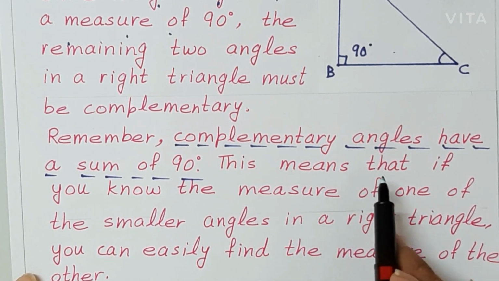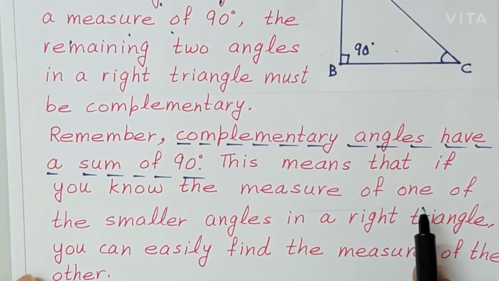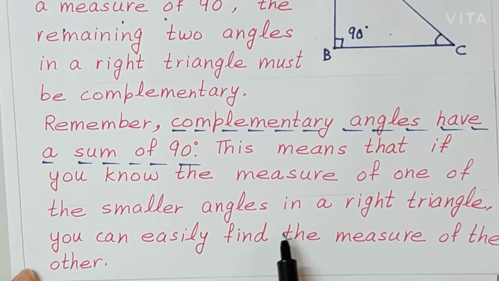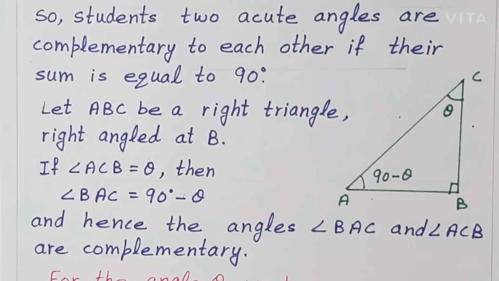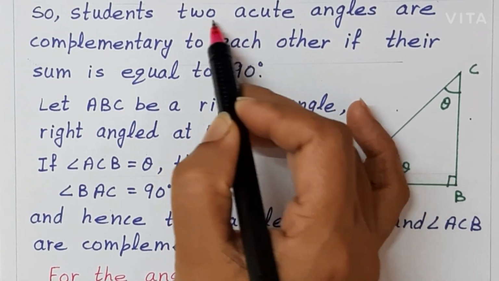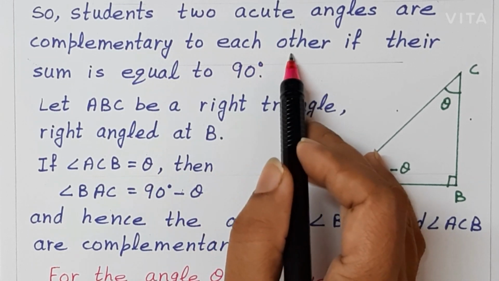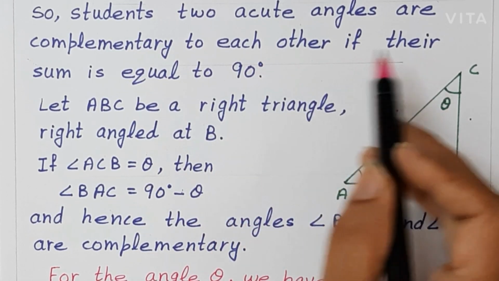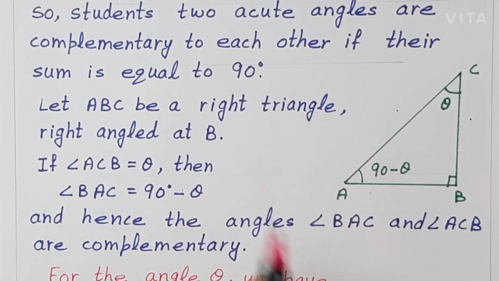This means that if you know the measure of one of the smaller angles in a right triangle, you can easily find the measure of the other. So students, two acute angles are complementary to each other if their sum is equal to 90 degrees.